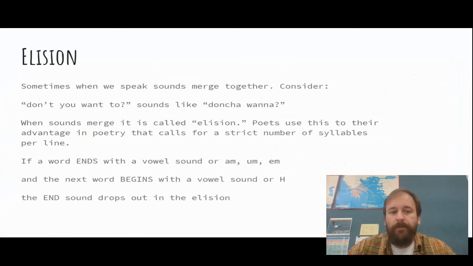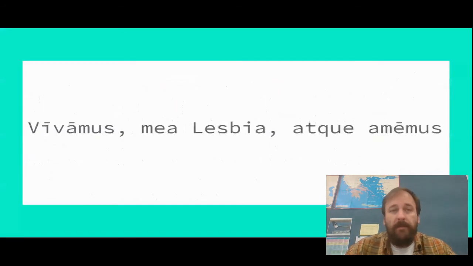I'll give you an example. This comes from Catullus. I believe it's Catullus poem number 5, and I don't think we're getting to it this year. The line is vivamus mea lesbia atque amamus. Let us live, my Lesbia, and let us love. Let's look for words that could elide together.